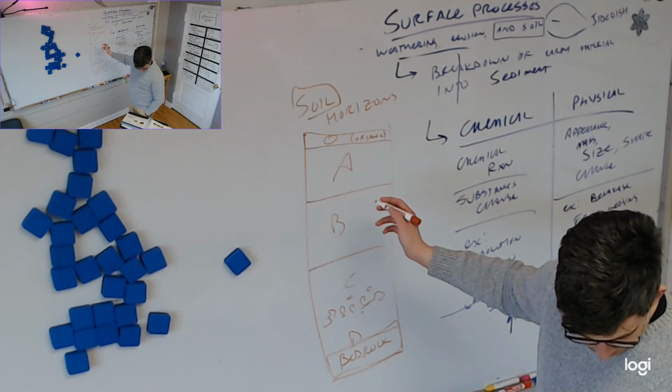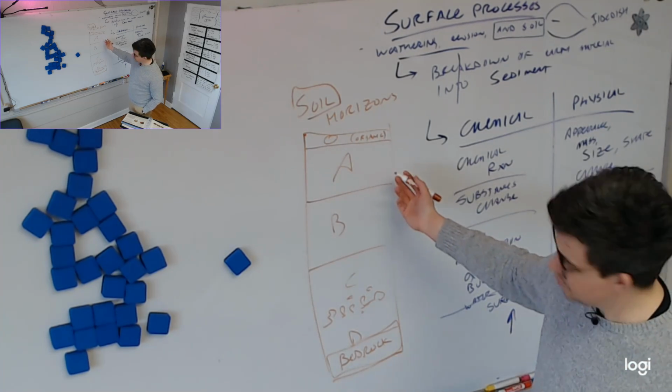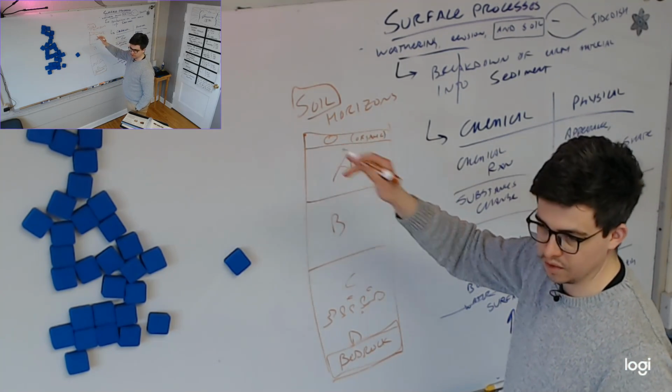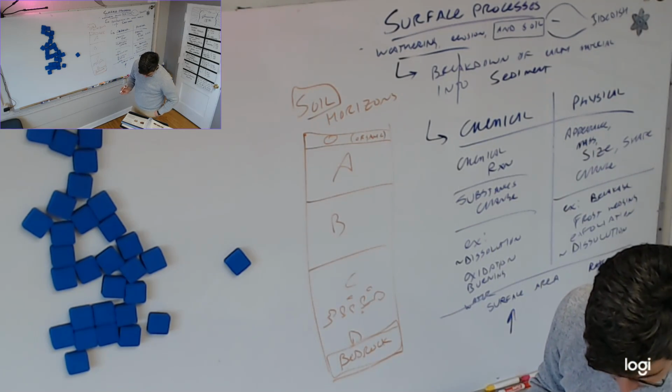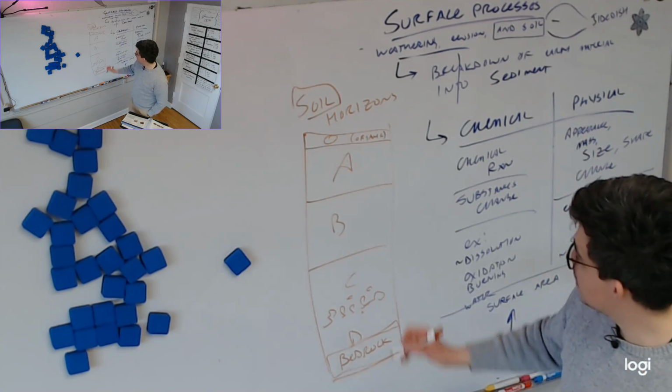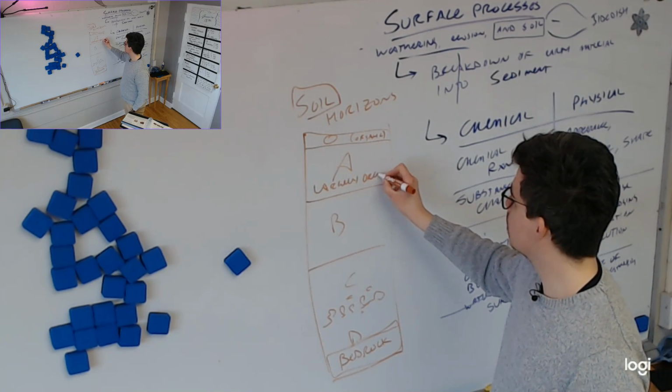Your book doesn't say anything about the O horizon. This is from the old book, but I do think it still exists. There's an organic material that's just organic material on the top, like leaf litter and stuff, comprises the O horizon. The A horizon is largely organic still, largely organic.